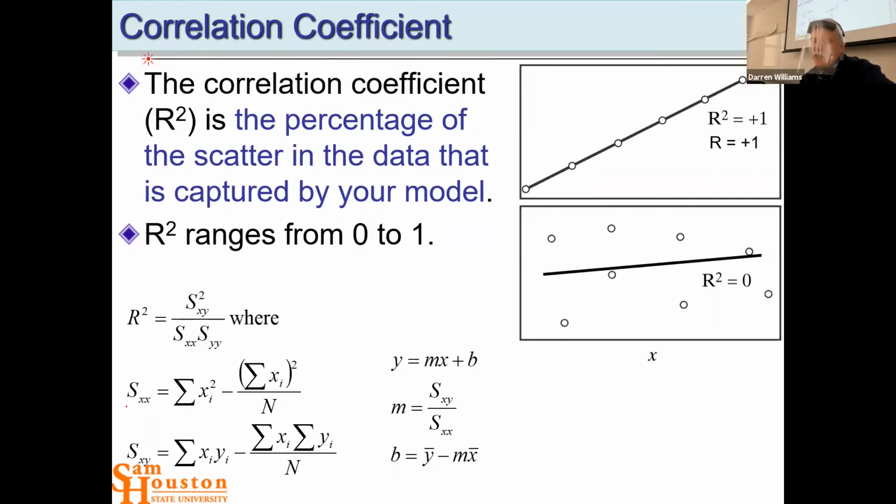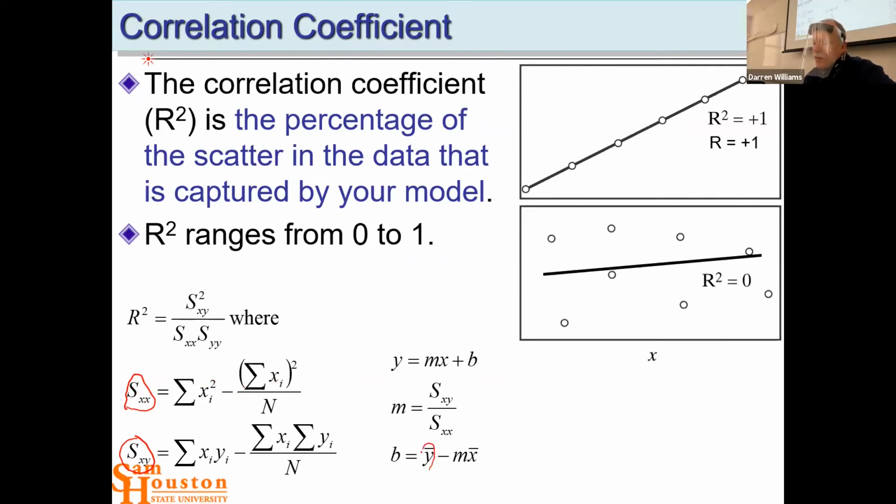And so this is the least squares method, or the sum of squares method. You have these sums of squares here that are calculated based upon the X data and the Y data. If you do SYY, you just substitute Y values for the X values here. And then you have these down here.